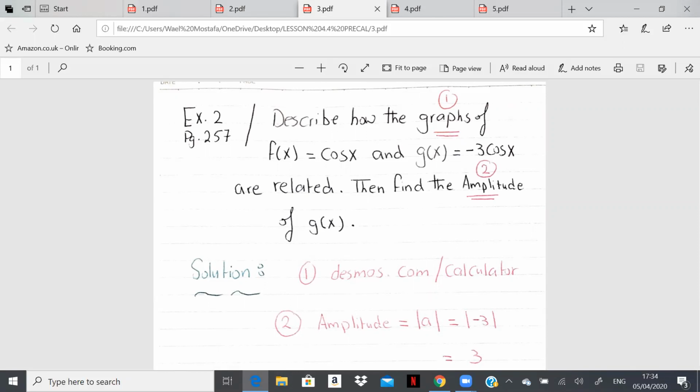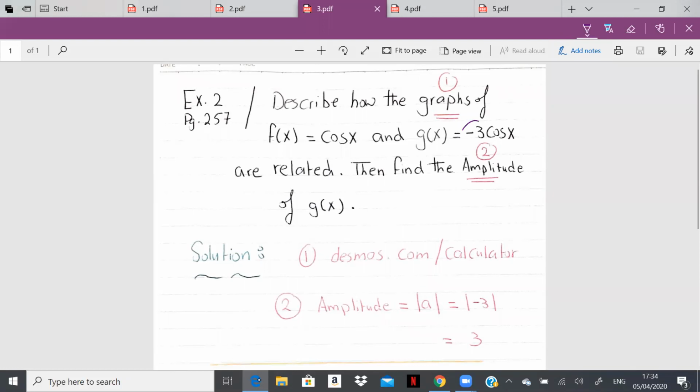So for the graph, you are going to use Desmos. And for the amplitude, you can get the coefficient, which is -3 in this part. This one is -3 to find the amplitude. That's it.